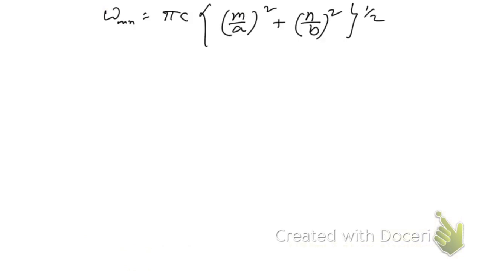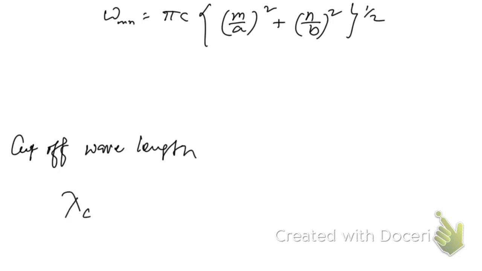So this was the expression. Now the cutoff wavelength is given by lambda c equal to c by fc. Now let us obtain this. Here omega mn is nothing but 2 pi fc. This is the relation between fc and omega.